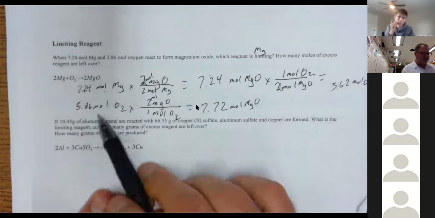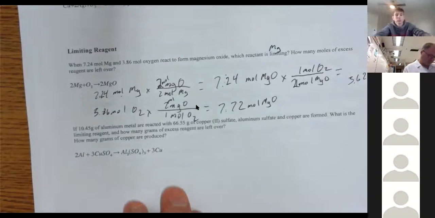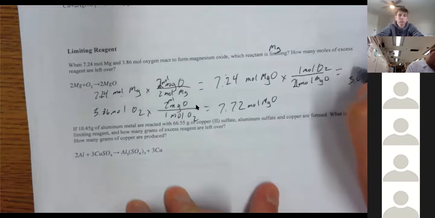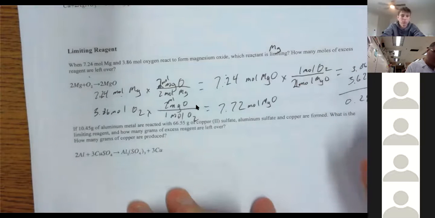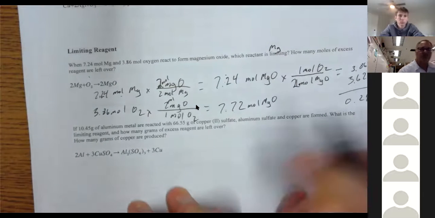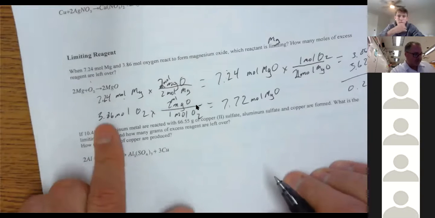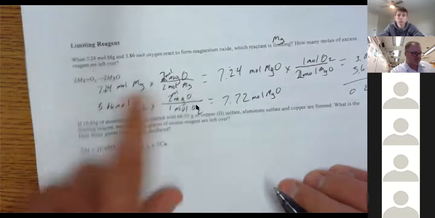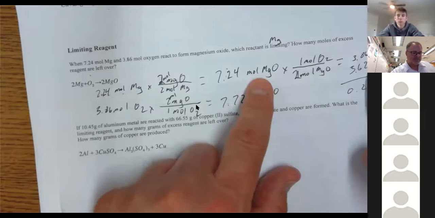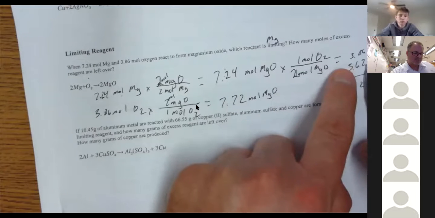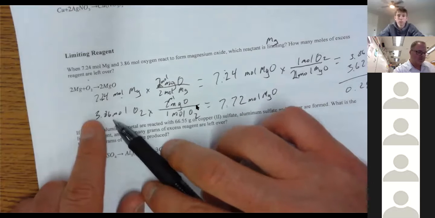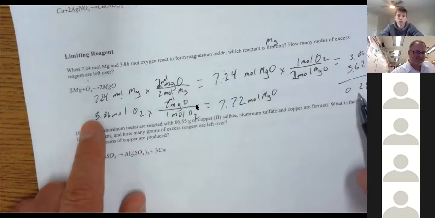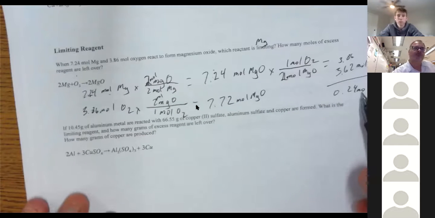Well, we have 3.86 moles of O2. 3.86 minus 3.62 is 0.24. So how much reagent do we have left over? We have 0.24 moles of O2. Because when we reacted this, we got this much magnesium oxide, so it took this much oxygen to do that. Since we had this much oxygen to start with, the amount left over is this 0.24 moles. Kind of cool.